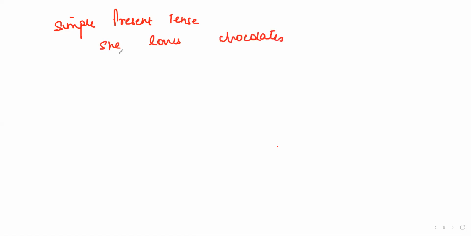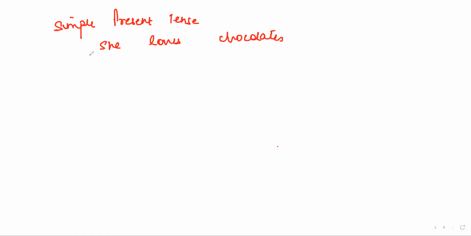Now let us quickly take a look at the tense changes which happen. In the present tense, let us take a simple present tense example. She loves chocolates. This is an active voice, and this is the first form.